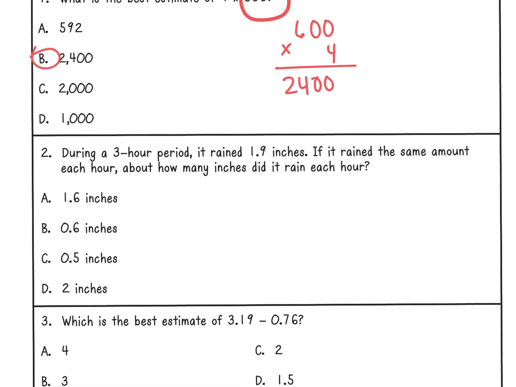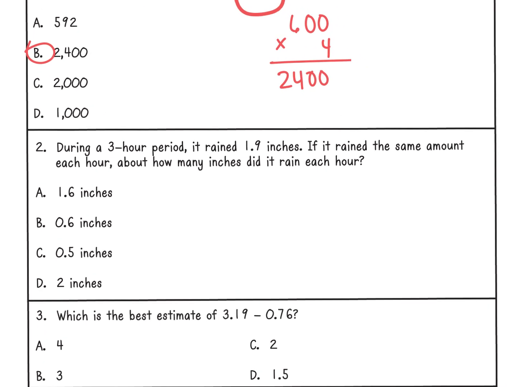This one is decimals. It's kind of tricky. You have a 3-hour period. So 3 hours goes by. It rains 1 9/10 inches. If it rained the same amount each hour, then about how many inches did it rain each hour? So I would round that up to about 2 and divide that by 3.